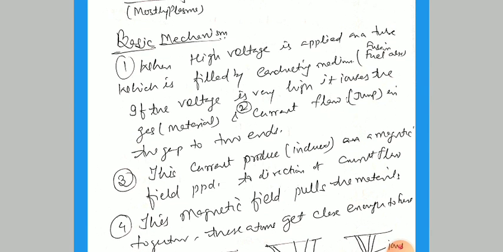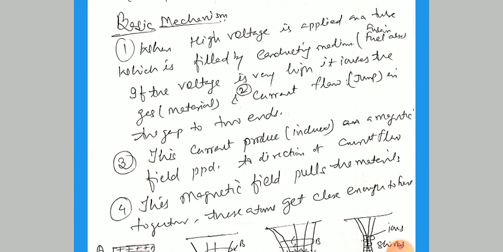When a high voltage is applied on the conducting medium, mostly fluids or fuels, maybe fusion fuel also, and the voltage is very high, then it ionizes the gas or the materials, and due to this, the plasma or any conducting medium is converted into positive ions and electrons.